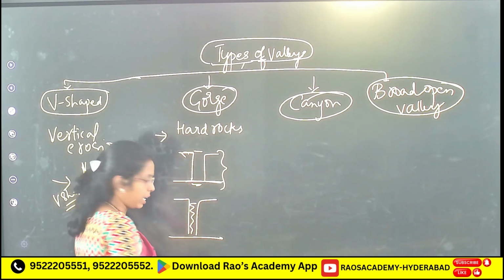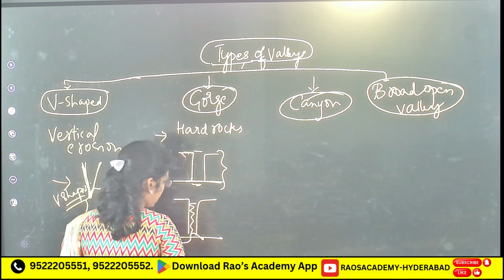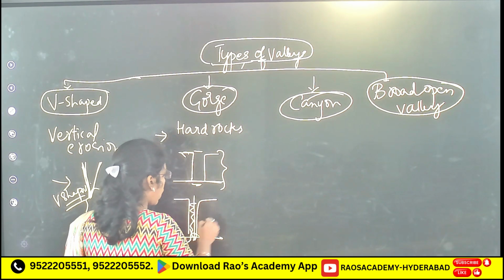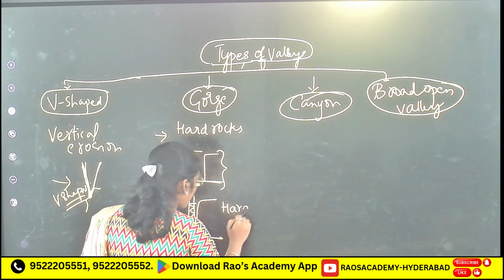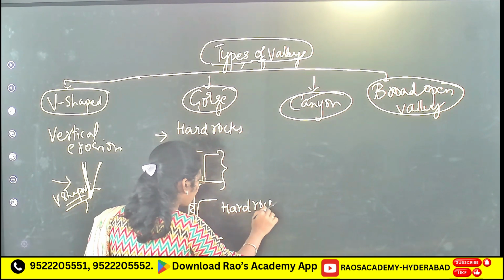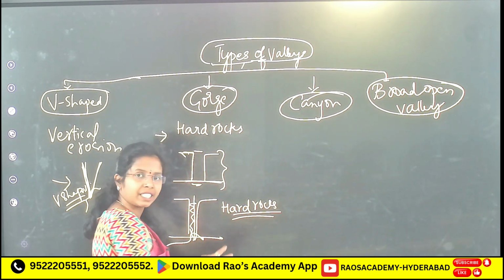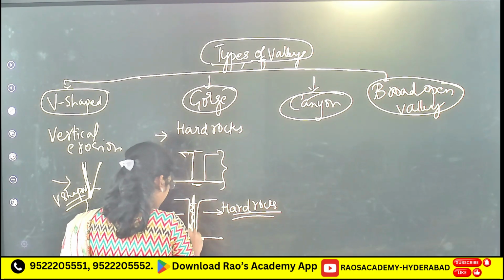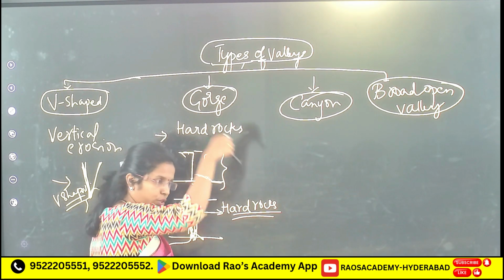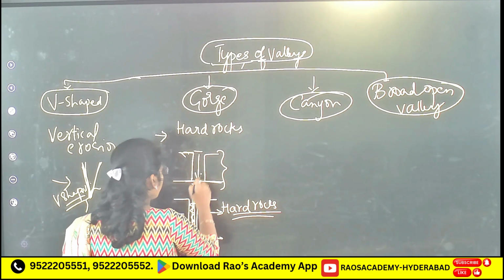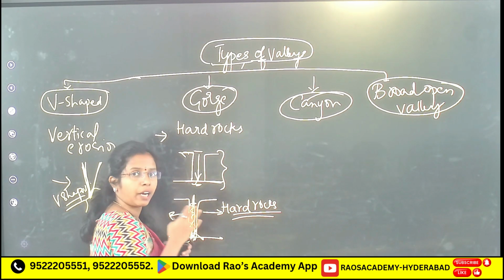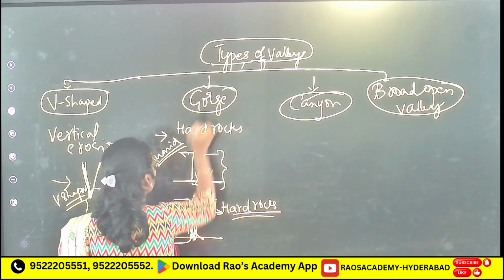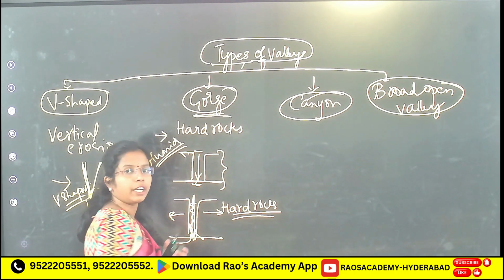Now this is the valley, inside this you will see the river water flows. Because these are hard rocks, because of that hardness they resist lateral erosion. They encourage vertical erosion, that too straight erosion. In humid and hard rock areas you will see gorge formation, for example the Indus Gorge.